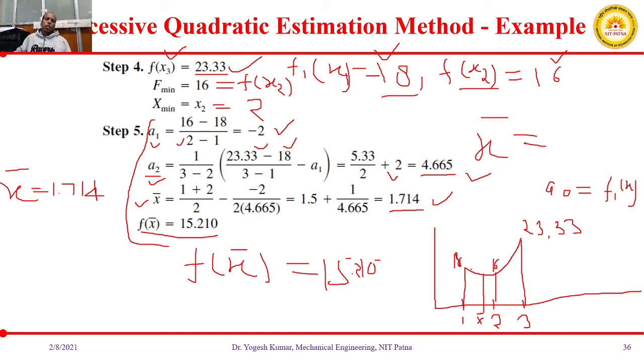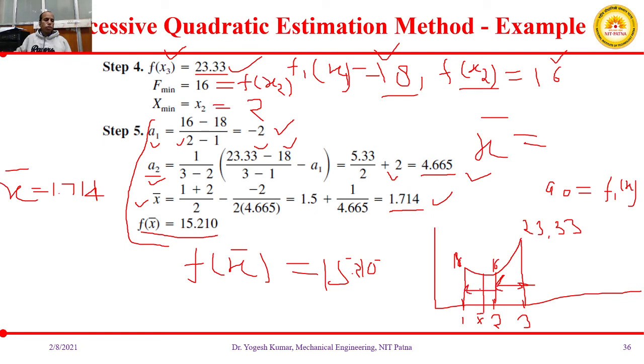Now try to understand, because this is a case of minimization, which portion should we remove? The portion on the left hand side of x2, or on the right hand side?